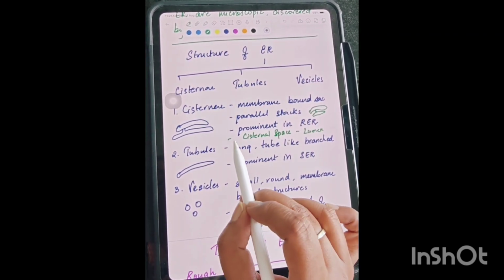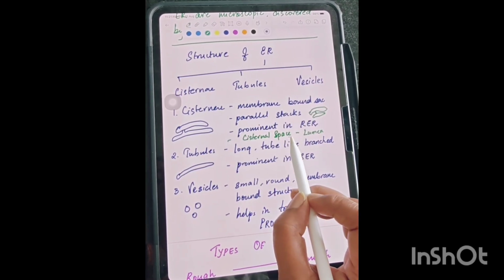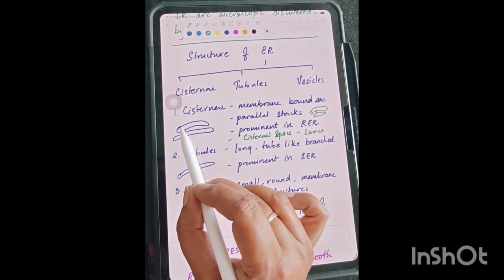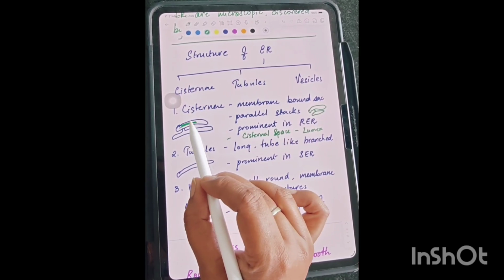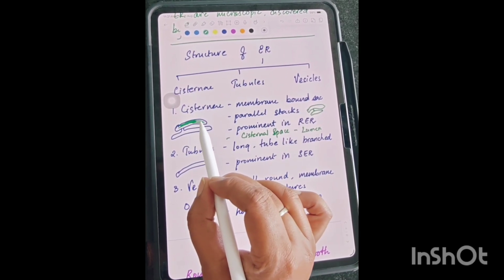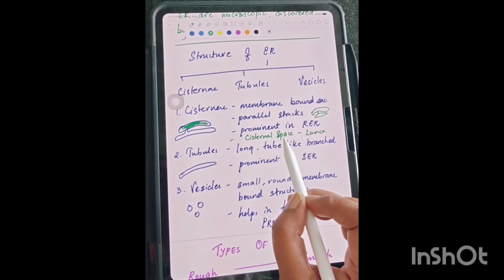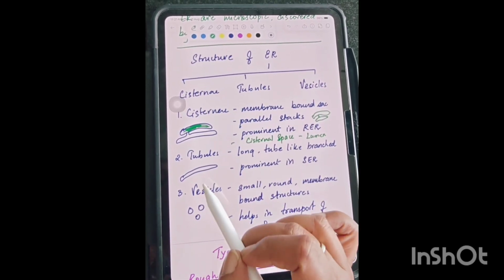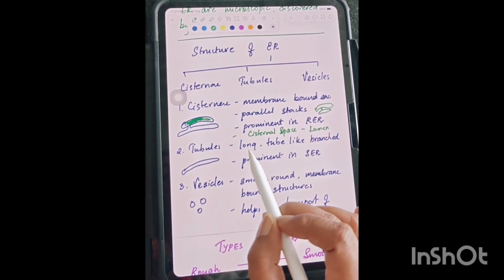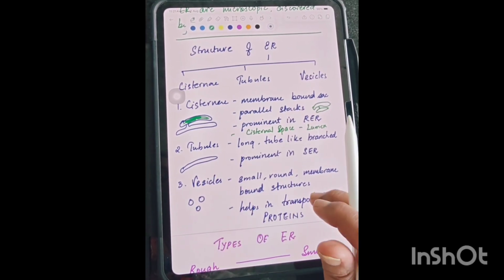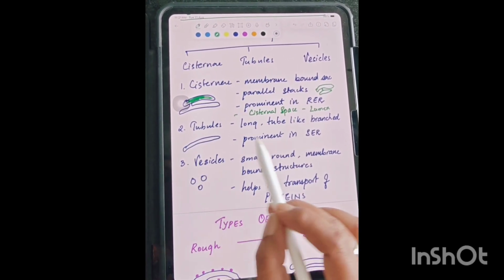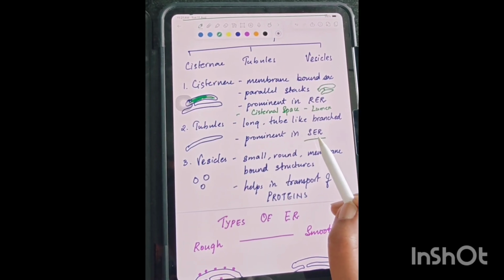Second is the cisternal space. Inside each cisterna there is a space, called the cisternal space or lumen, which is like a room for all the transactions. Third are tubules, which are tube-like, branched structures prominent in the smooth endoplasmic reticulum.